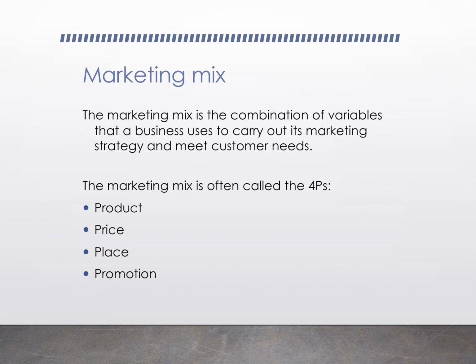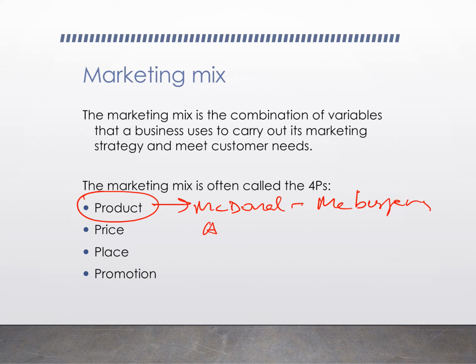Now, let's think of what variables companies or businesses are using. First of all, you need to have a product. It could be tangible, it could be intangible. For example, McDonald's has Big Mac Burger. Apple has iPhone.